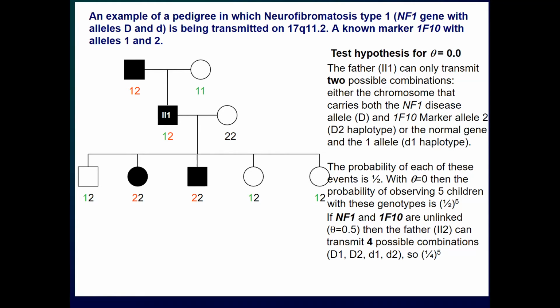Now, this is straightforward, really, because if IF10 is transmitted totally independently of the NF1 gene, then you do expect all possible combinations.